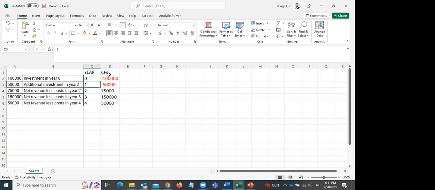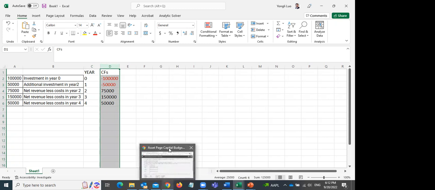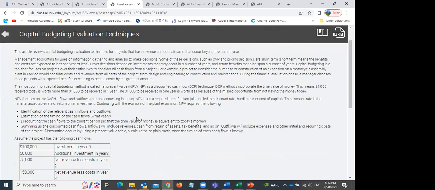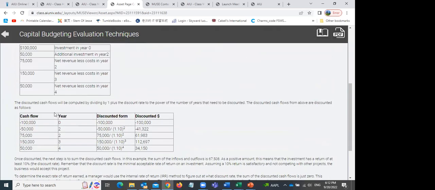So we have those cash flows and the years. On the left-hand side column is the year, and the right-hand side column is the cash flow. Another thing we need is the rate. The return or rate is the discount rate.